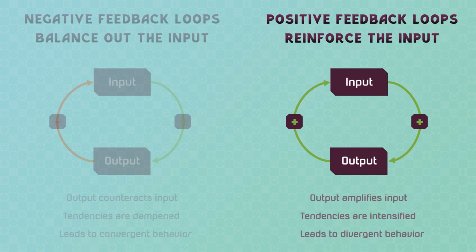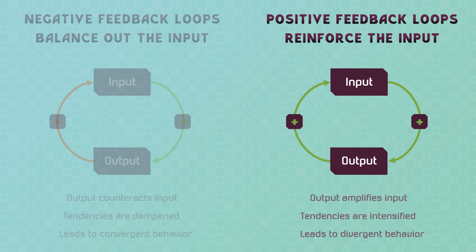And what it does is that as the room gets warmer and warmer, as the current temperature increases, it doesn't apply less heat but more heat. That would be an example of a positive feedback loop. And it would quickly lead to an extreme result where the room is way too hot to live in. Here the overall state of the system doesn't converge to some sort of goal state, but it keeps going in the same direction, becoming more and more extreme, and that would be labeled as divergent behavior.